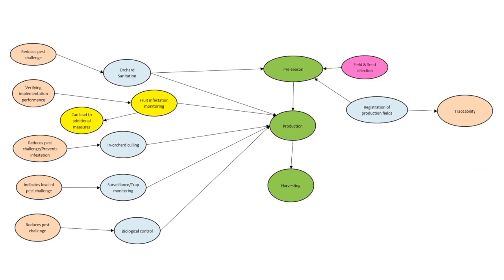So what you can do is, if you see a concentration of non-compliances at a certain point of the production, you can concentrate on that and try to come up with better measures that will make sure at that stage you eliminate most of your non-compliances.